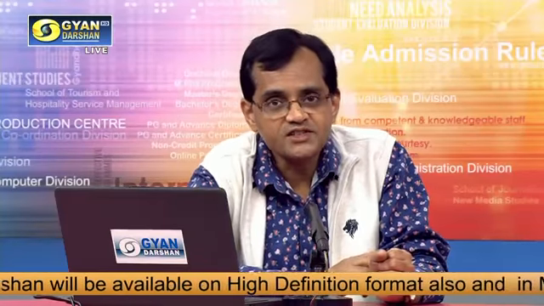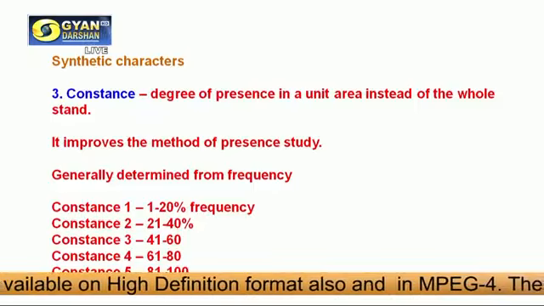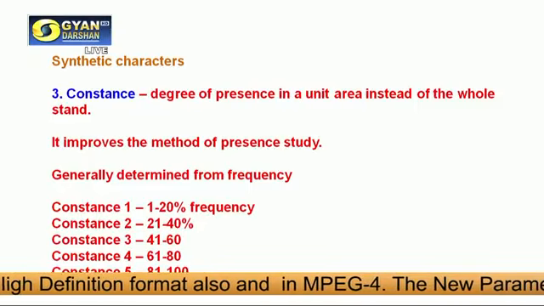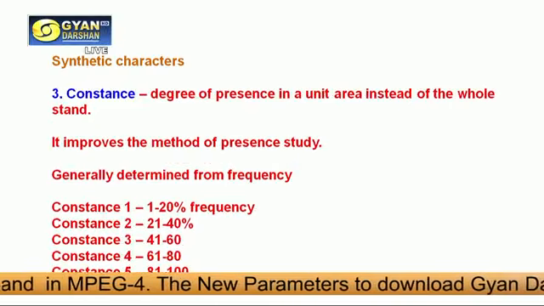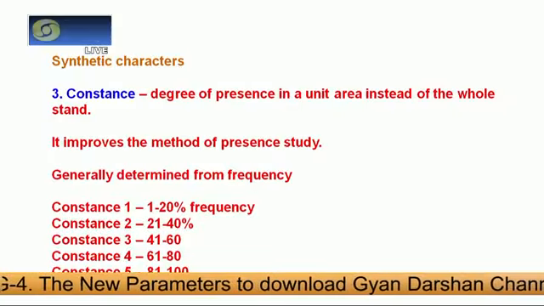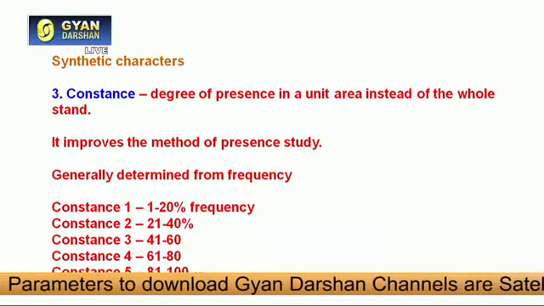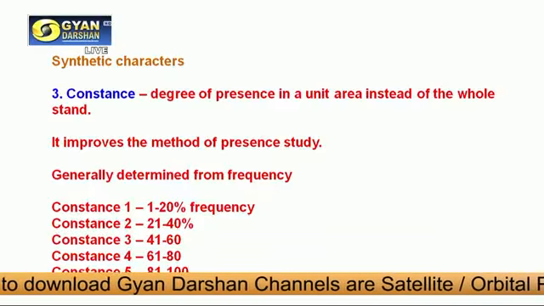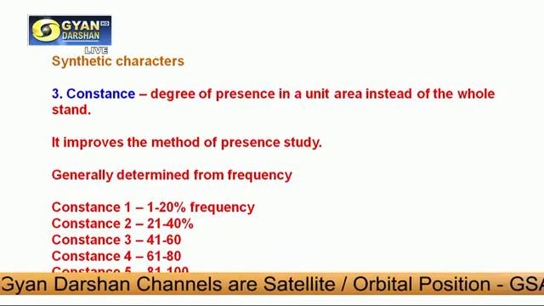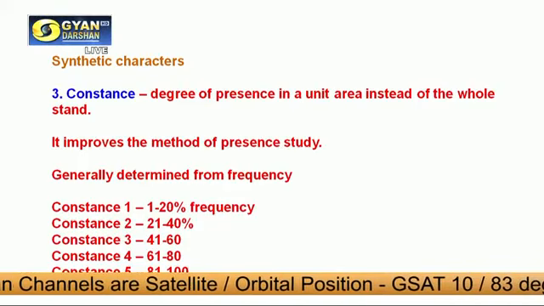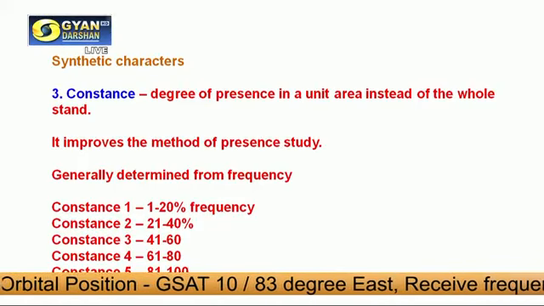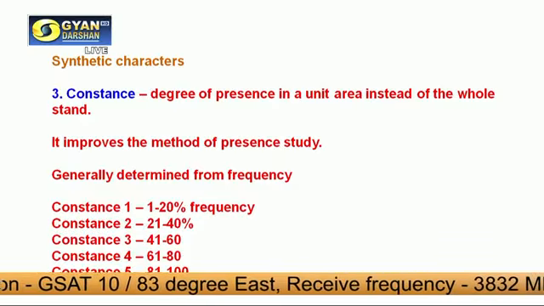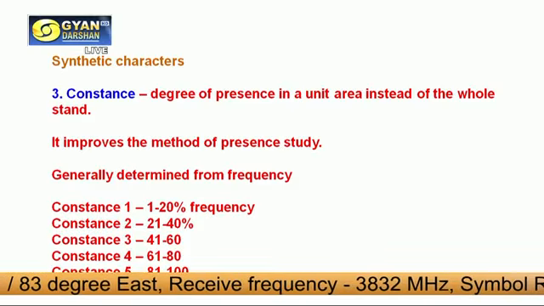What is constance? This is the degree of presence. So presence and constance, these two terms are related. The degree of presence in a unit area. If you measure the presence in a unit area, it becomes constance. Here you are studying a sampling unit, that is a unit area, and not the whole stand.